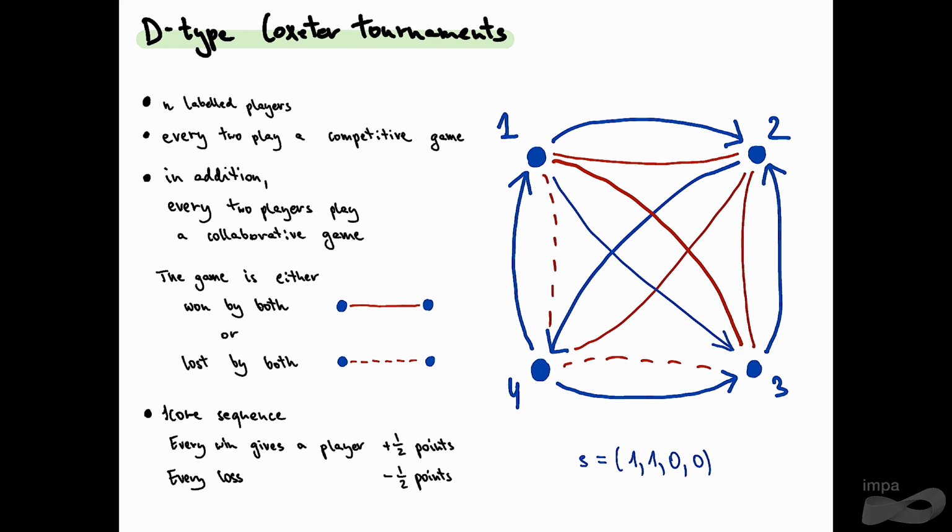Player number 1, lower left corner. If we care about the competitive edges, then they won 2 games and lost 1, so it's plus half. And it's the same for the collaborative games: they won 2 collaborative games, the red edges, and lost 1. So they get 1 point in total. And I get some score sequence.